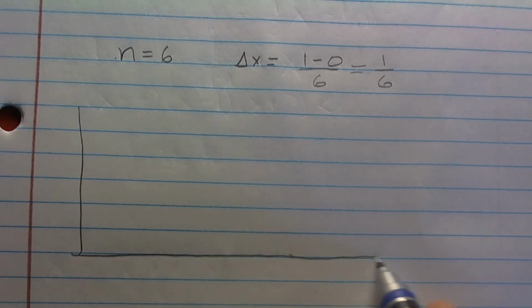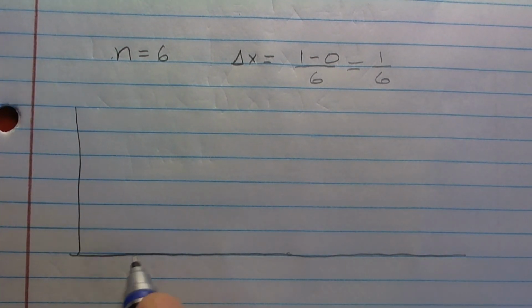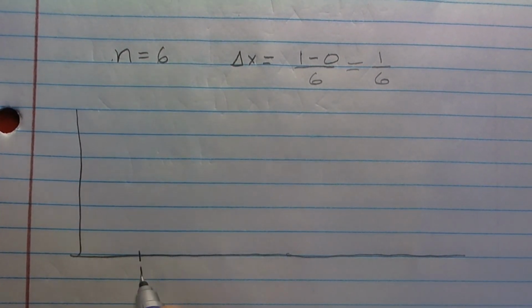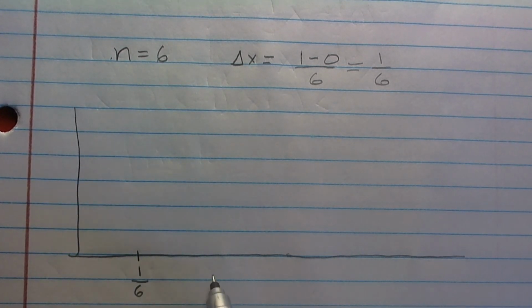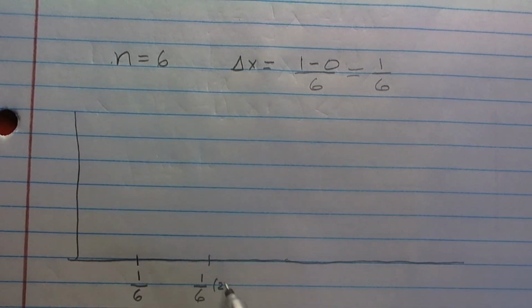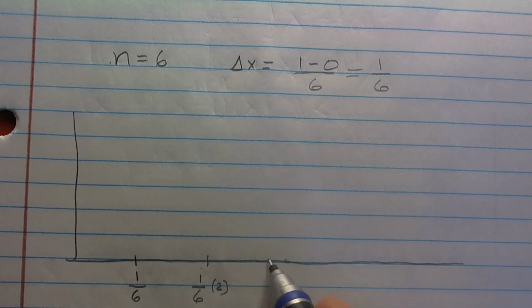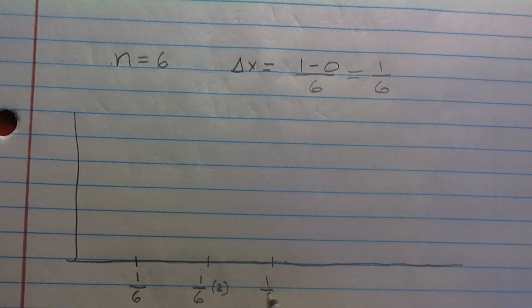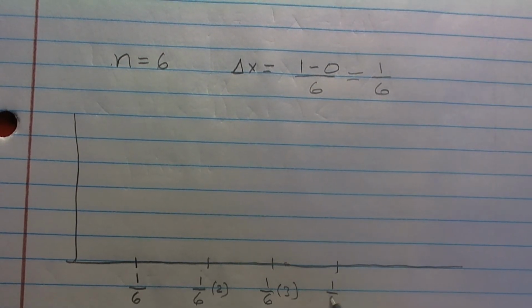Okay, look what I'm going to do now. I start here at 0 and add a delta x to it. That's going to be 1/6. Then I add another delta x. See what I did there? 1/6, there's 2/6, and then I add another one, and then another one.